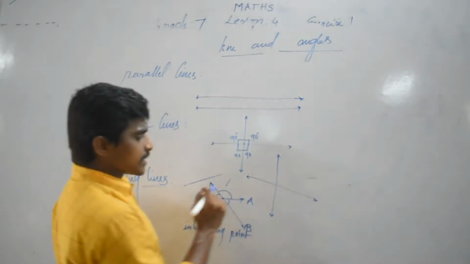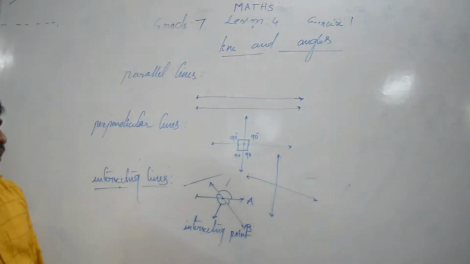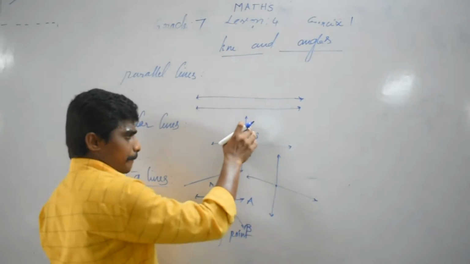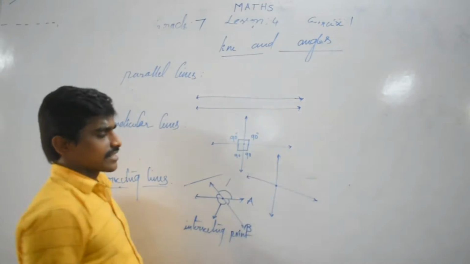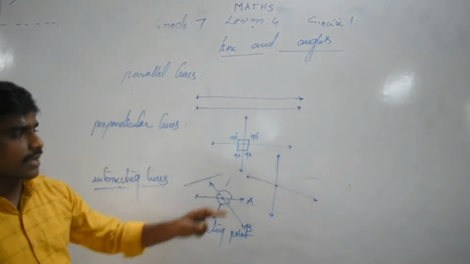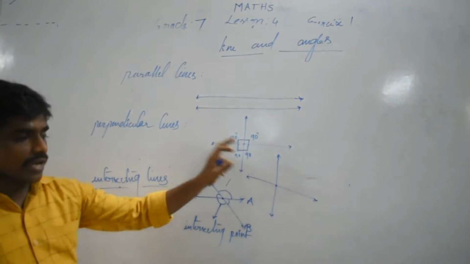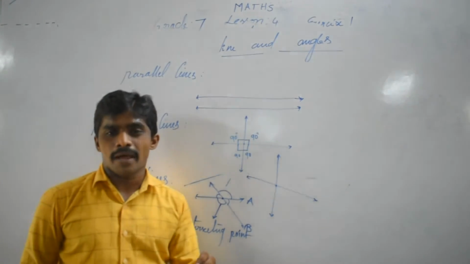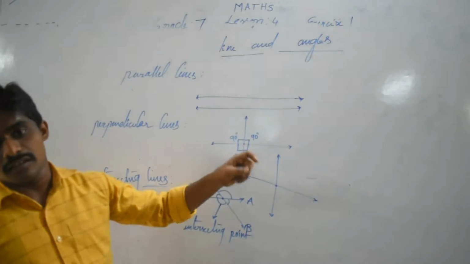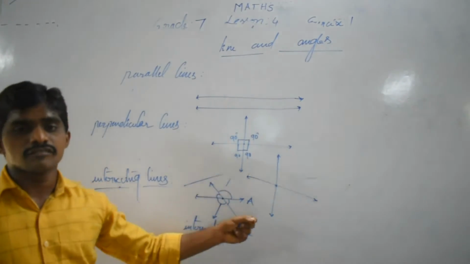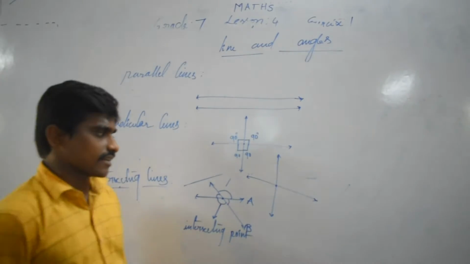These are intersecting lines. Why are these perpendicular lines and these intersecting lines? How do we say? If the angle is exactly 90 degrees, those lines are called perpendicular lines. If there is no 90 degrees, those lines are called intersecting lines.